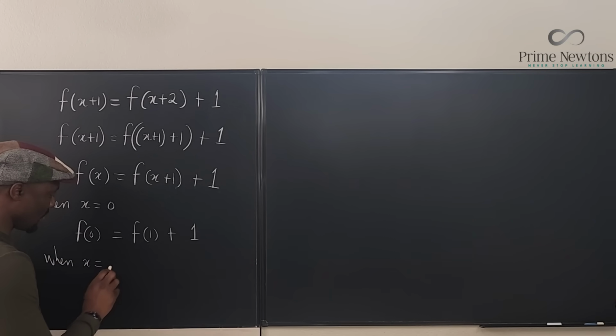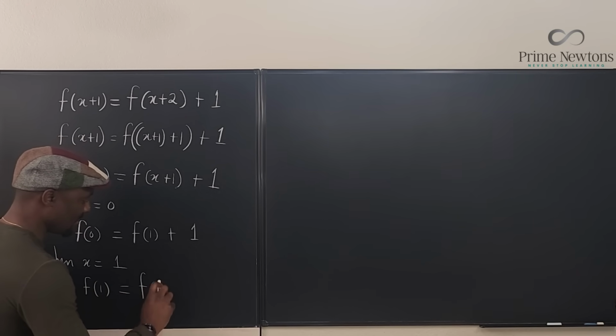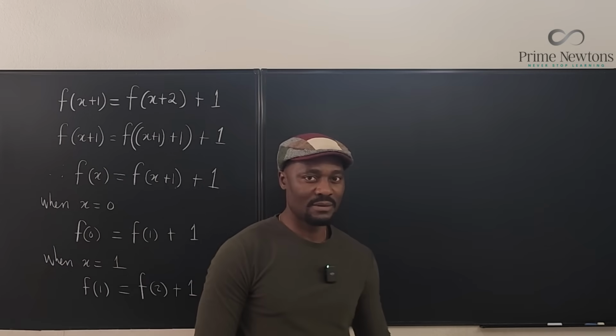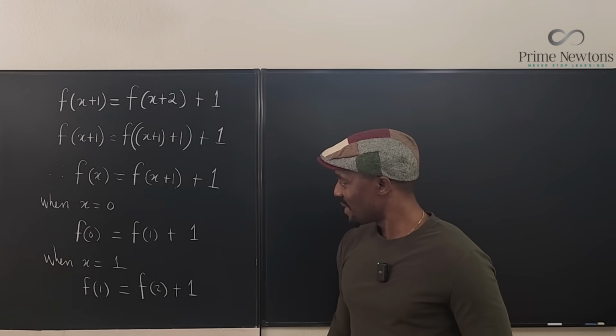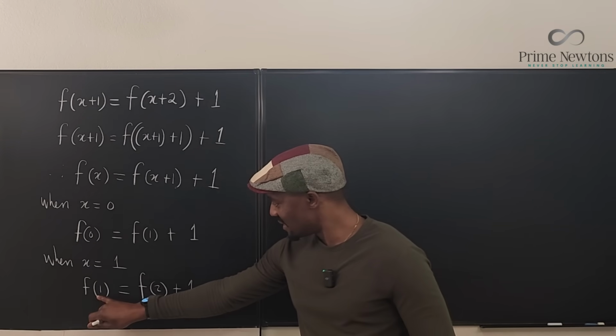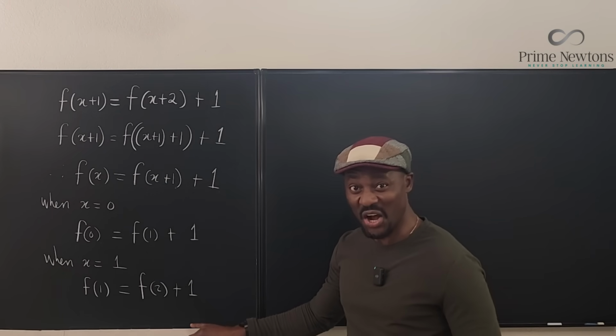When x is equal to 1, then I have f of 1 will be equal to f of 2 plus 1. Do you see what's going on? It looks like this is 0, 1, 1. 1, 2, 1. This 1 is consistent. It's a constant.